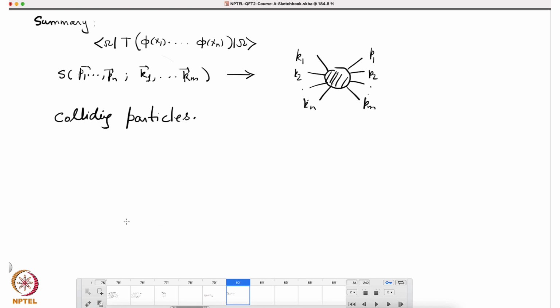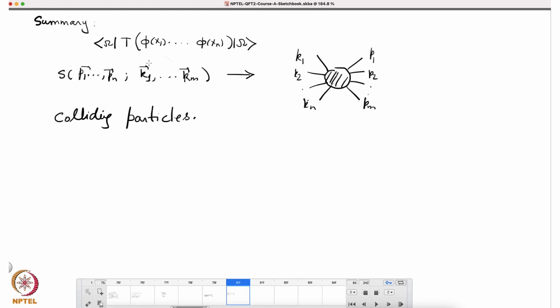A typical high energy physics experiment would involve that you create a bunch of particles in a very controlled manner, meaning that you know what their initial momenta are, and you let them collide, and once they collide, then you look at whatever you get in the final state after the collision.